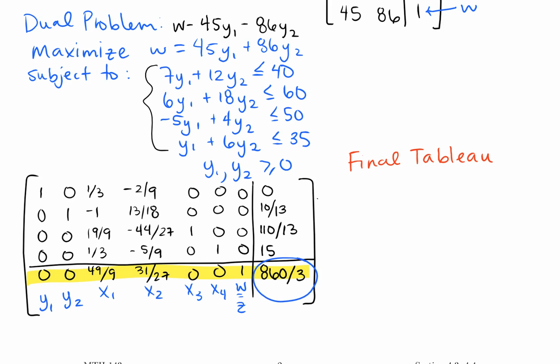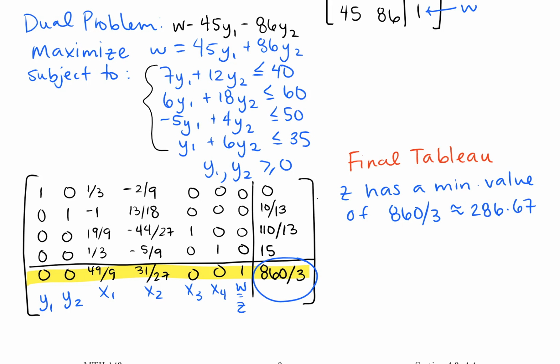So we can interpret our solution from the final row. We can say that z has a minimum value of 860 over 3. And this is approximately, let's see, 286.67.